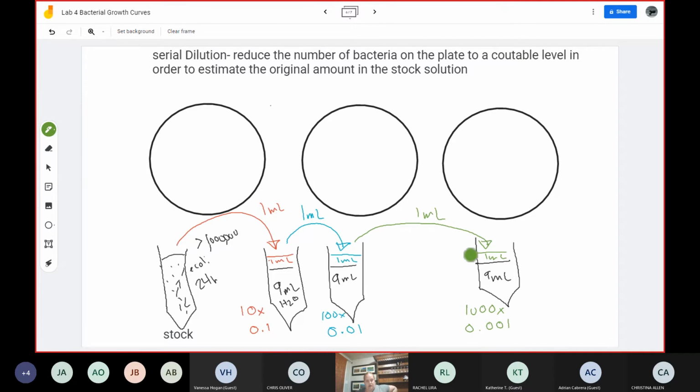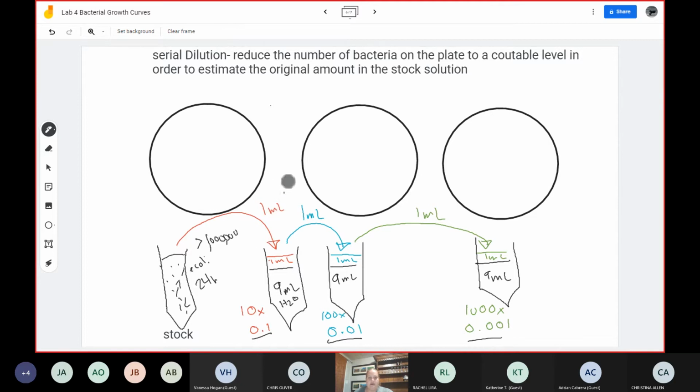Or it would be a dilution factor of 1,000 that we'd have to multiply by to get the actual number of original bacteria. So if we didn't want to plate our stock solution because we automatically knew that it was going to be too much bacteria, what we would do next is, after we set up these 3 tubes of bacteria, we know their dilution factors, which are these numbers.